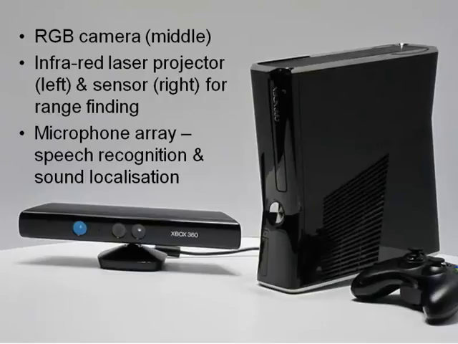It also has a microphone array that allows it to do speech recognition and also work out speech localization, where sounds are coming from. And so these Kinects and Wiis and gamepads are very widely used input devices nowadays.